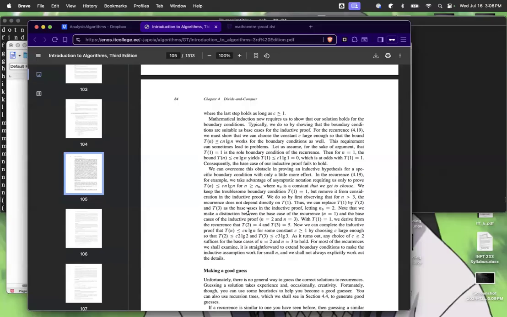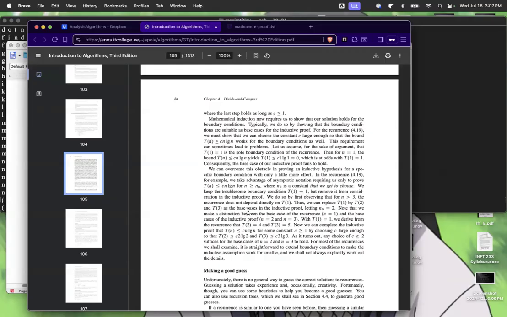The requirement can sometimes lead to problems. Let's assume for the sake of argument that T of 1 equals 1 is the sole boundary condition of the recurrence. Then for n equals 1, the bound T of n is less than or equal to C n log n yields T of 1 is less than or equal to C times 1 times log of 1, which equals 0, because the log of 1, regardless of the base, will equal 0.